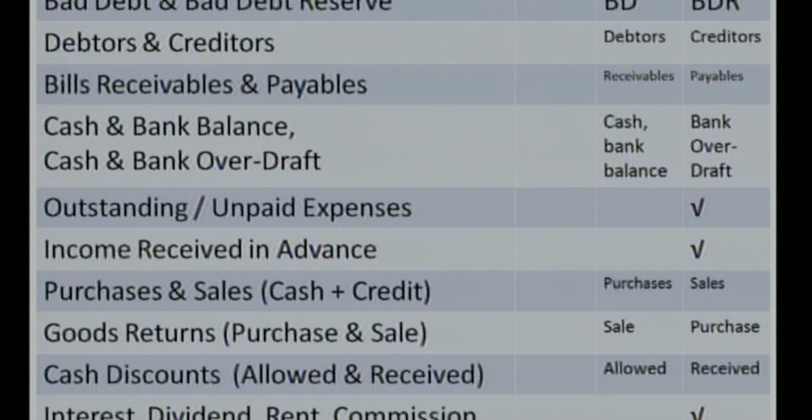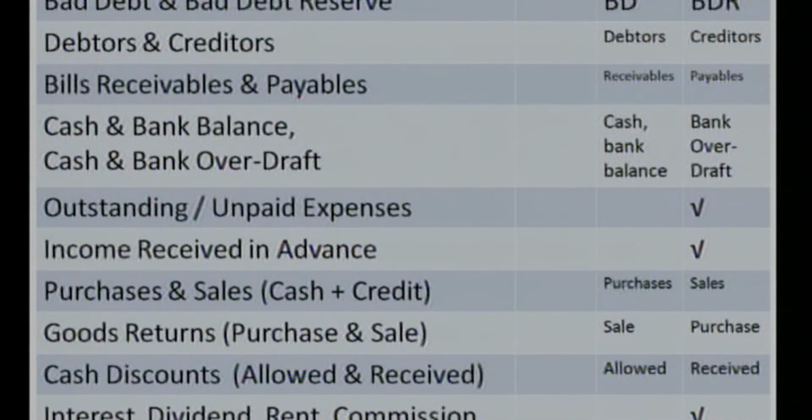In normal case, in the examples, you will be given such type of accounts, debtors and at the same time creditors, and you will be given two of the balances. But now we have to decide whether the debtors have the debit balance or the credit balance, vice versa for the creditors. We know that debtors are the outcome of the credit sales. So while selling the goods on credit, we have to debit the debtors account.